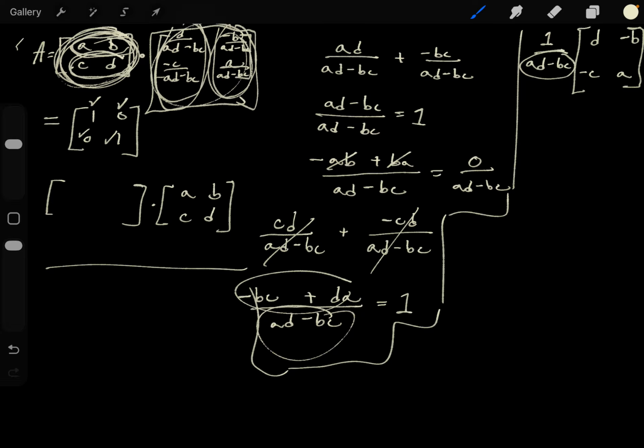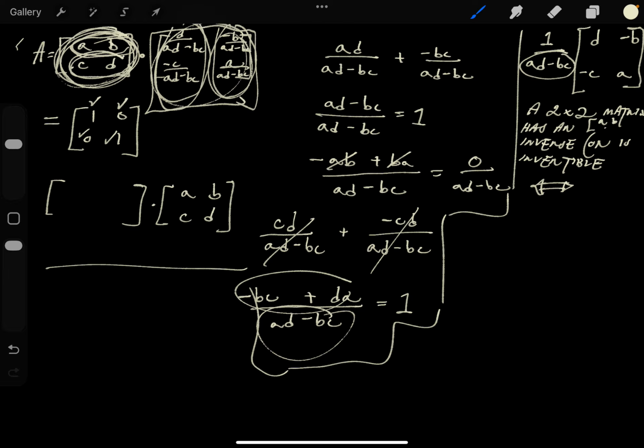So we could say that a 2x2 matrix has an inverse, or is invertible, same thing, right, if and only if the 2x2 matrix ABCD has an inverse if and only if AD minus BC does not equal 0.